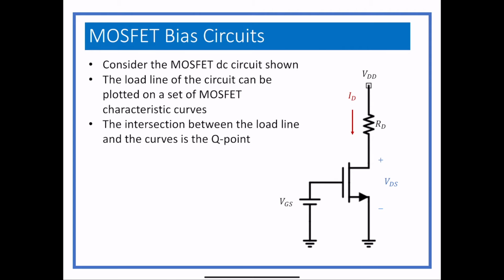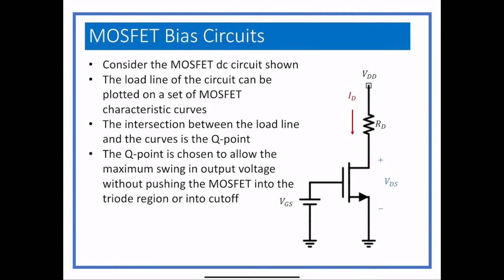Wherever the load line intersects the curves, that's where the circuit is operating at the time. We choose that operating point; it's not a random thing. We choose it so that the voltage at the output has the maximum up and down swing it can have without pushing the transistor into cutoff or into the triode region. So we want it to have as much room to move as possible.